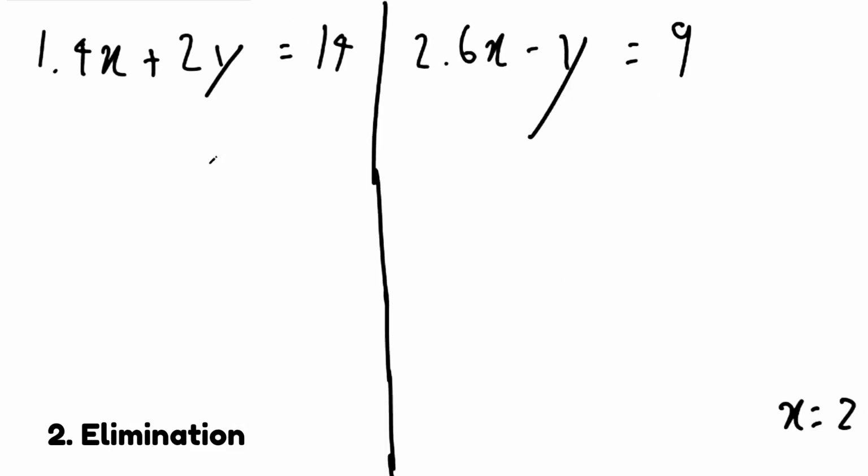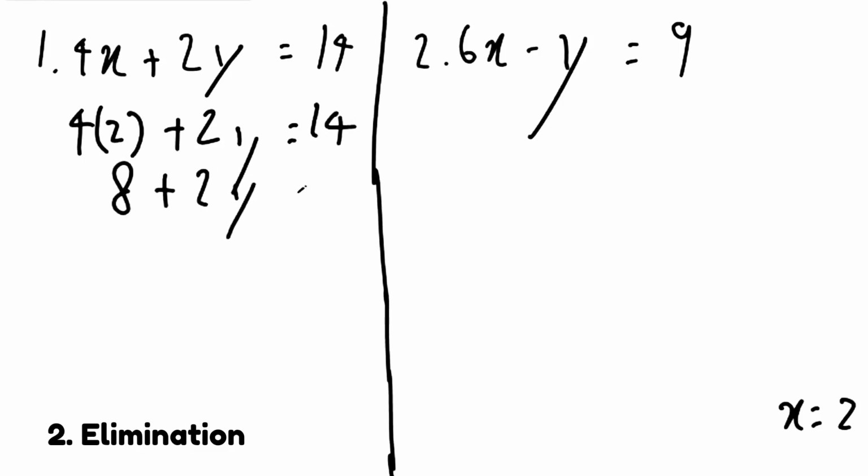Now, as I did with the substitution method, I'm going to substitute 2 into both of the equations to solve for y. So I'm going to substitute x with 2 here. And so you can see I've got y equals 3 for the first equation.